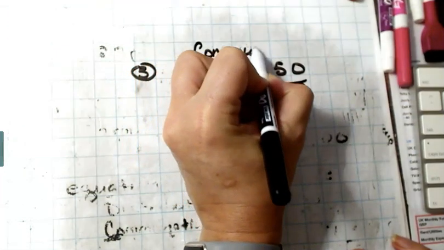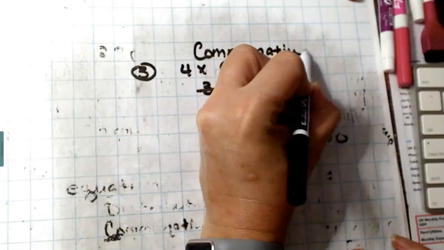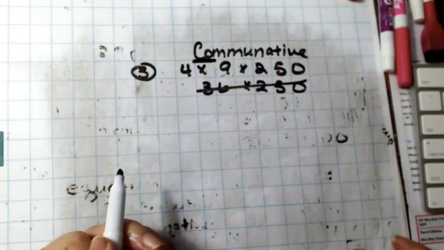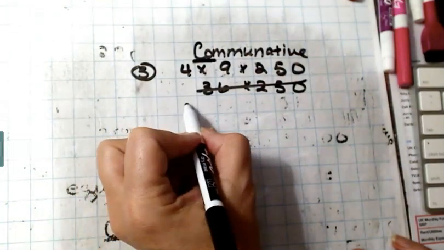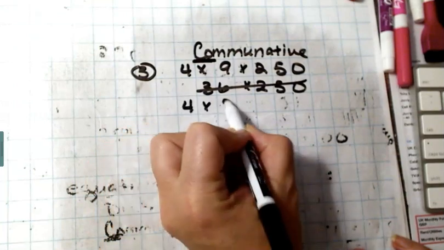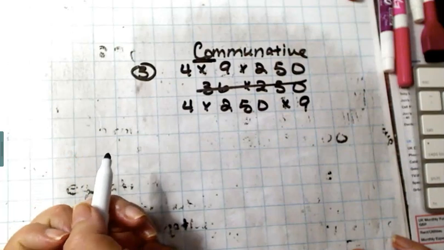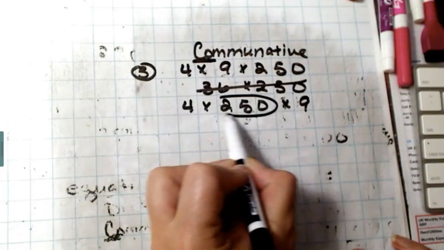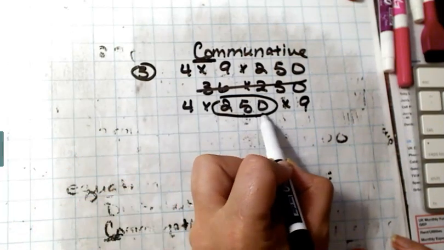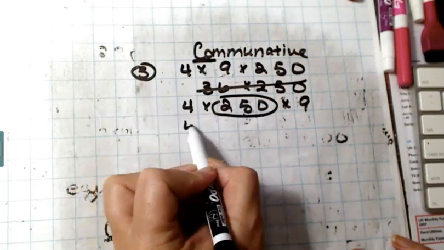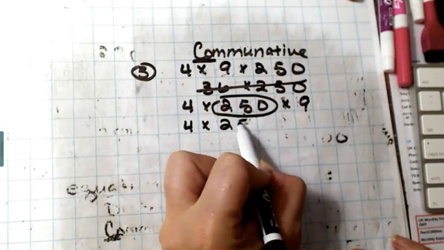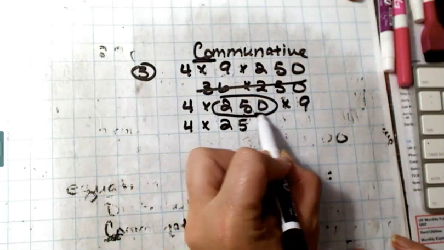Remember that one? The commutative, where I'm actually changing my order around. So I'm going to do 4 times 250 times 9. Why did I change the order? Well, because I see that this is a property of 10. So this is really like 4 times 25, right? And then just adding that 0.